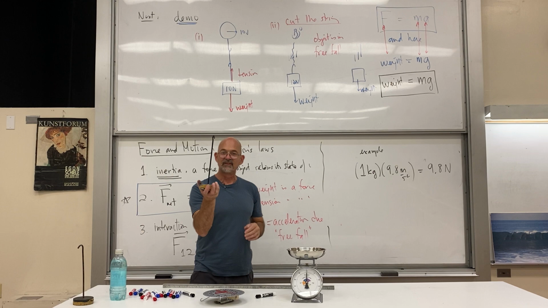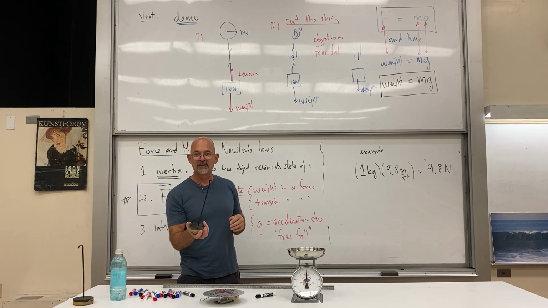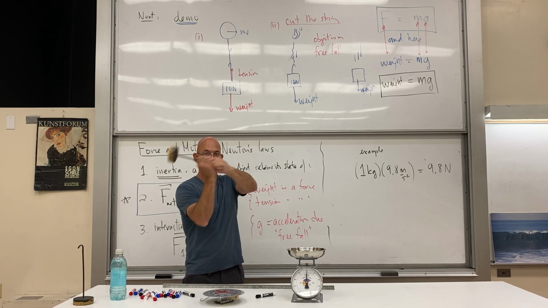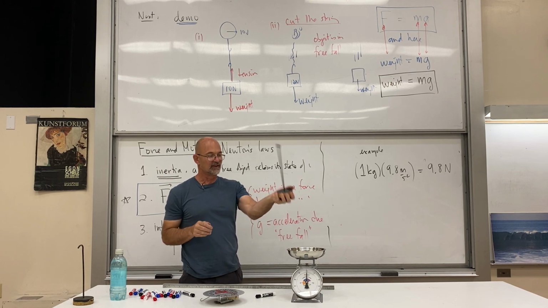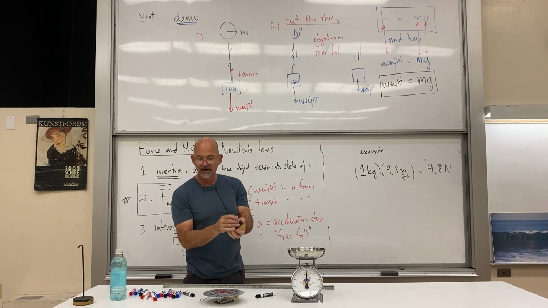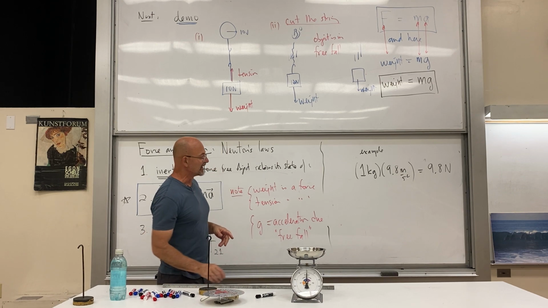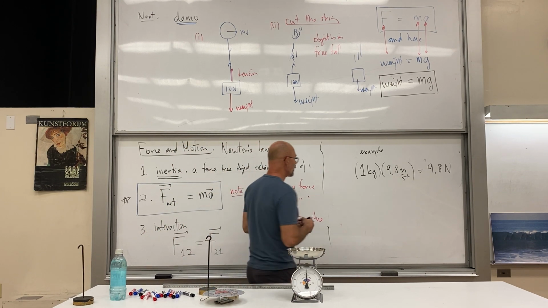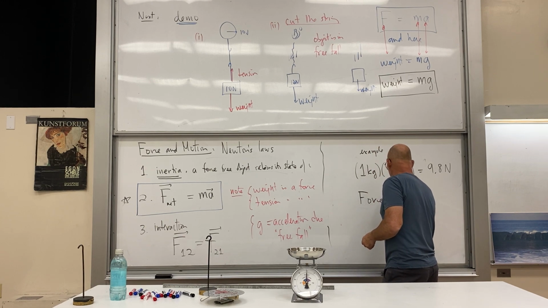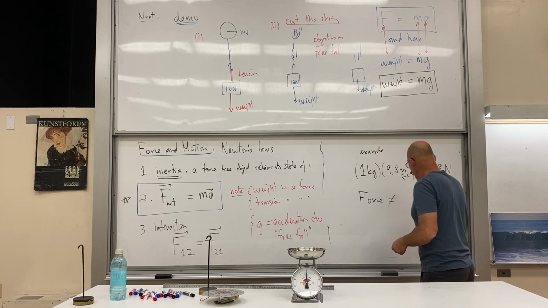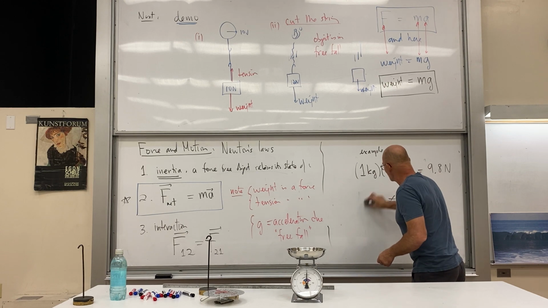Yet it would still be the same chunk of metal with all the properties. You could damage something with it. It's still as hard as it was before. It has the same number of atoms, all those properties, but it weighs less. So the difference between force and weight is very important. Weight is not equal to mass.